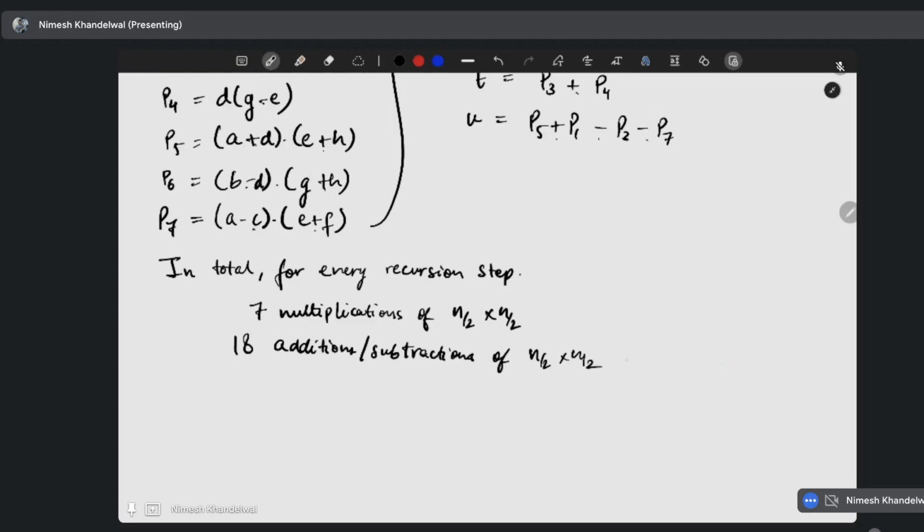So again, this is of the order of n squared.